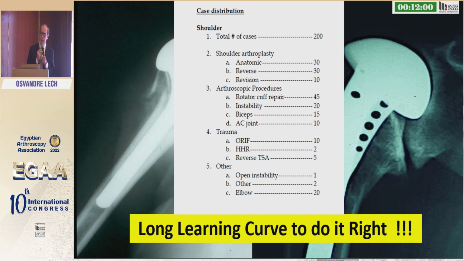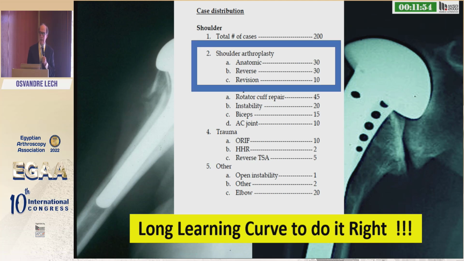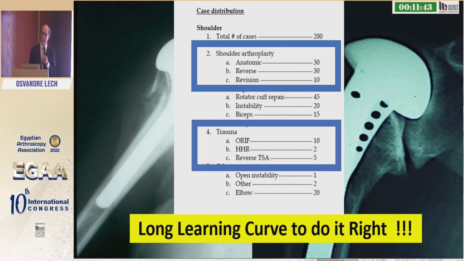The ACES fellowship in North America requests that in 1 year, the fellow should perform these numbers of arthroplasty in clinical, elective cases, and this number of prosthesis in trauma. So it's a hot subject.